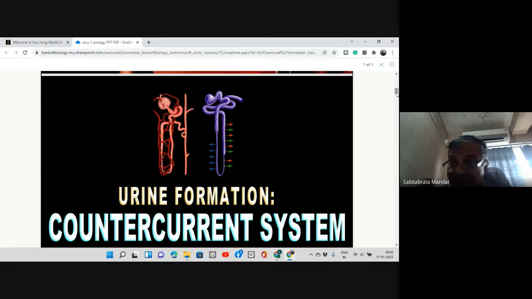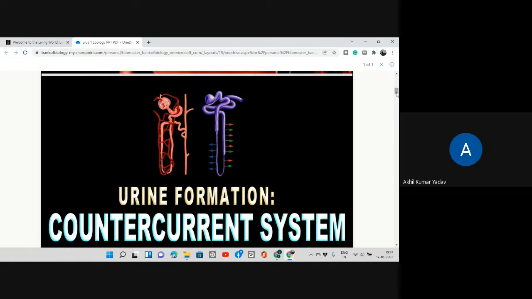Why am I saying selectively? Because harmful substances will not be reabsorbed. Only the useful substances will be reabsorbed. Now the point is this: where will it be reabsorbed? In the renal tubule.